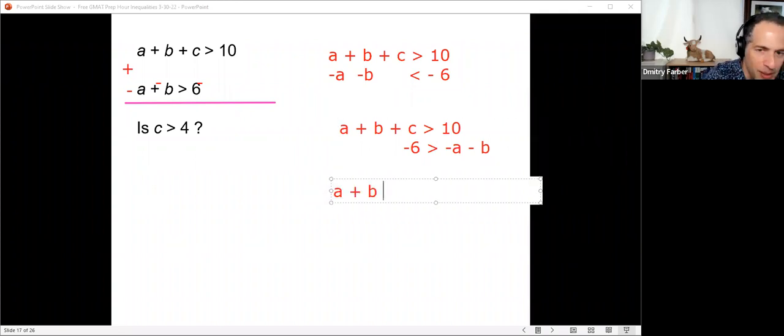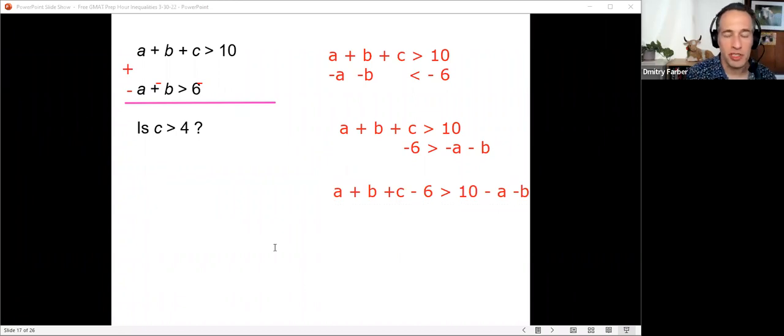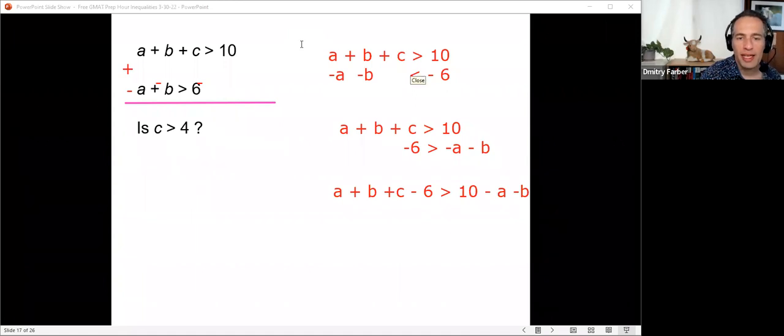I'm just going to get a plus b plus c minus 6 is greater than 10 minus a minus b. If I move that over, I'm going to turn into what I had before, which I should. It's the same information. I'm going to get 2a plus 2b plus c is greater than 16. So I can't know this. We don't know. It's inconclusive whether c is greater than 4. You can subtract two inequalities by multiplying through by a negative and stacking.